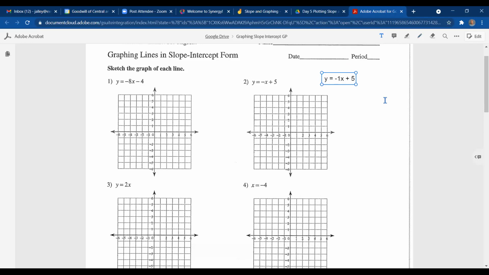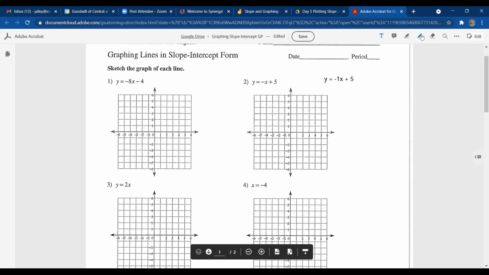Very good. That's what I was looking for. So that's one thing for sure you got to be aware of. Anytime you see, if that was just x, it would be a +1. This is negative x or minus x, so that means it's -1. So right away, before I do anything else, in my mind, I know this graph is going to go that direction.